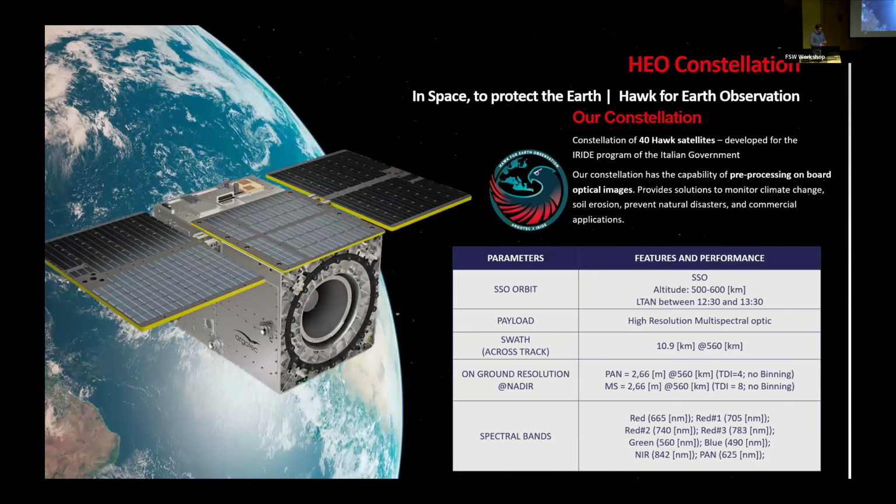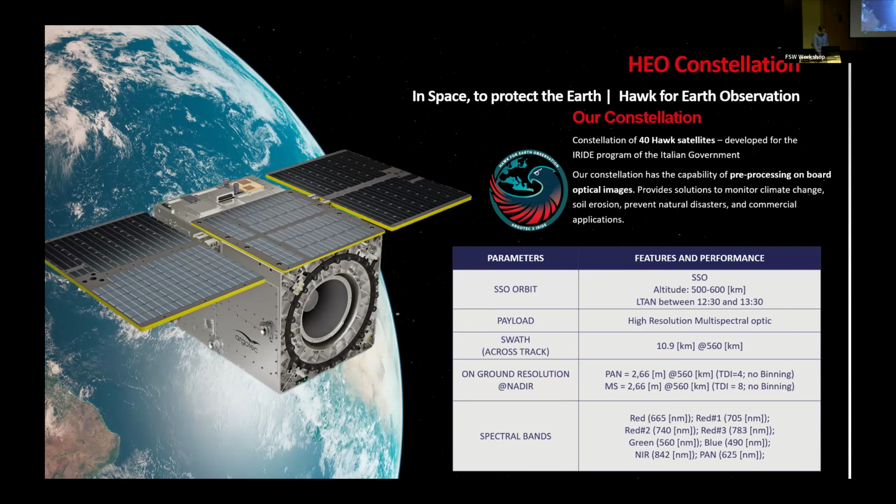Now, moving forward, after these two missions, we started development of a low Earth orbit Earth observation constellation for the Italian government under the ERIDE program. This is a constellation of constellations, actually, and our constellation has a multispectral optical payload, which performs line scan imaging.